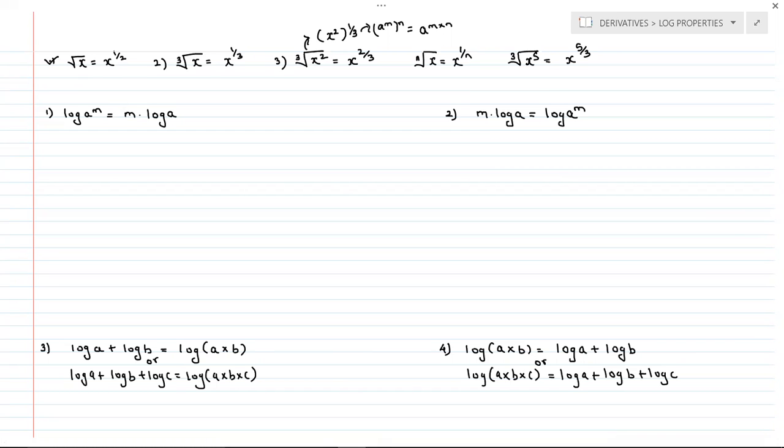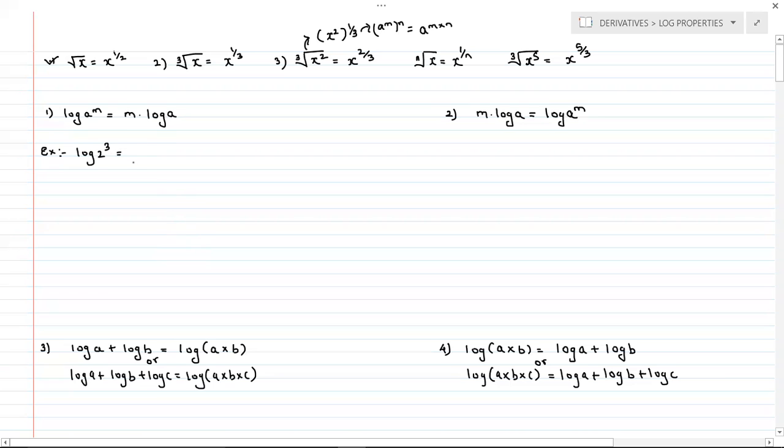So let's begin with the first formula, or we can say property. Here the first one says log a raised to m is equal to m into log a. Where in place of a and m there will be numbers. For example, if I say log 2 cube, whenever you come across something like this, by using the property log a raised to m, we can write it as m into log a.